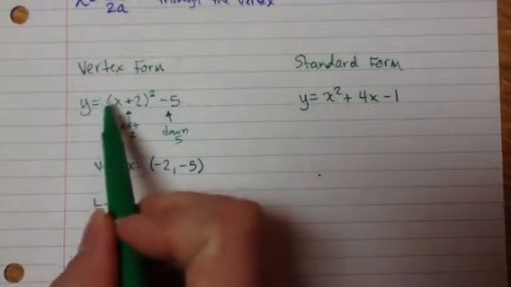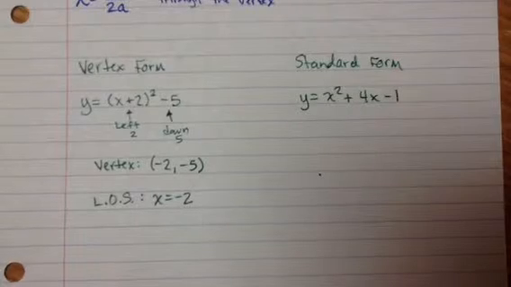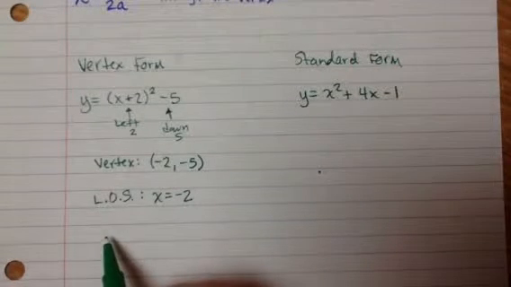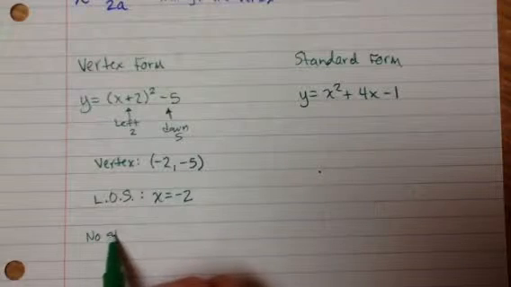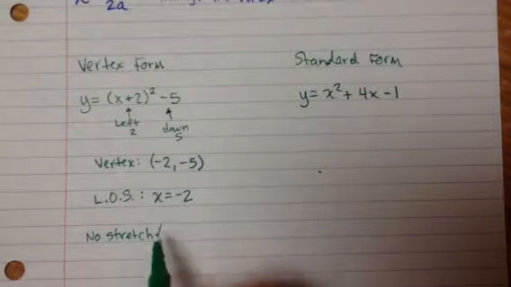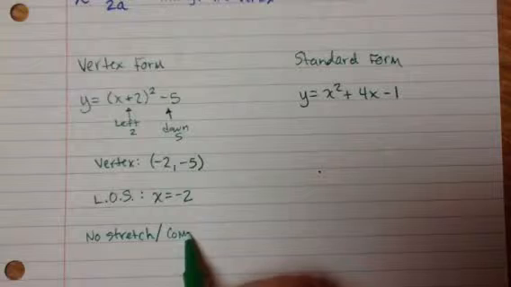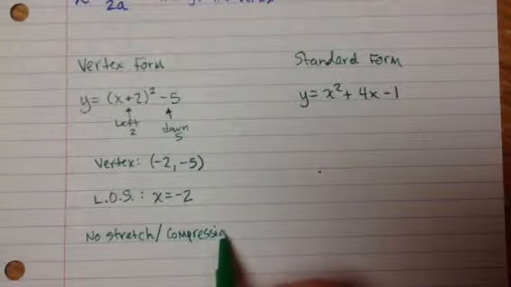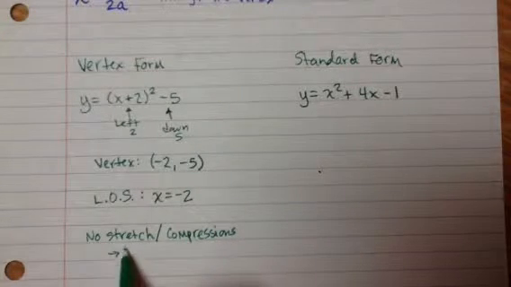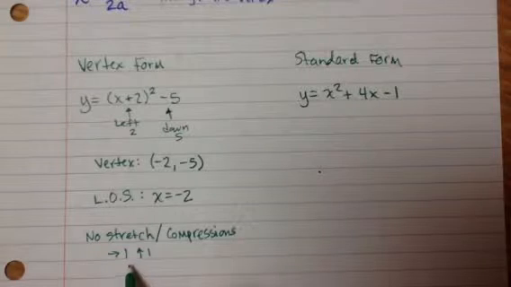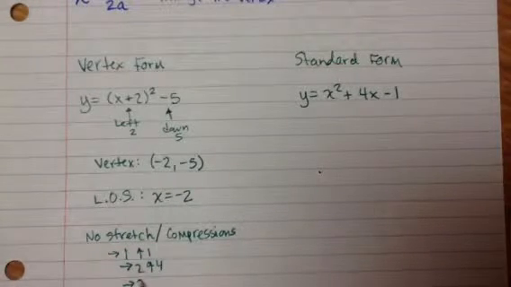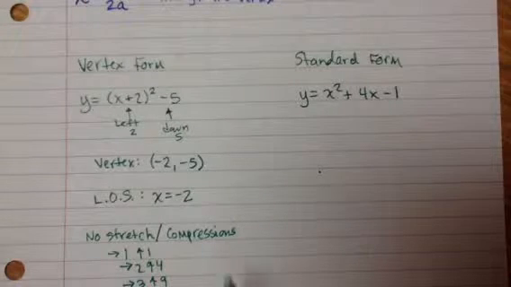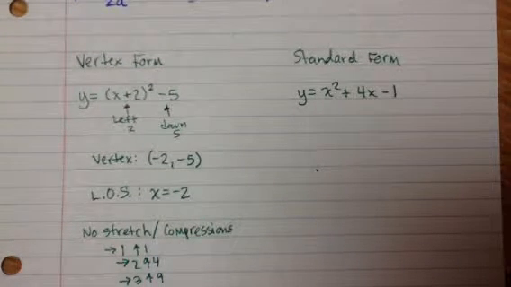Since this doesn't have any value besides 1, there are no stretches or compressions, so we will build the parabola by that pattern. No stretches or compressions, so we will go over 1, up 1, over 2, up 4, over 3, up 9 from our vertex at (-2, -5).